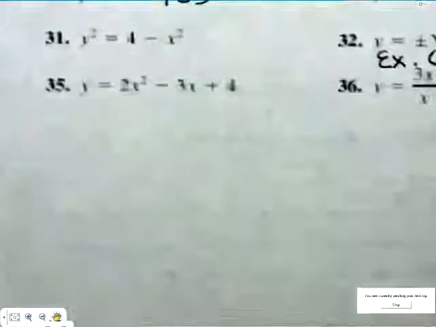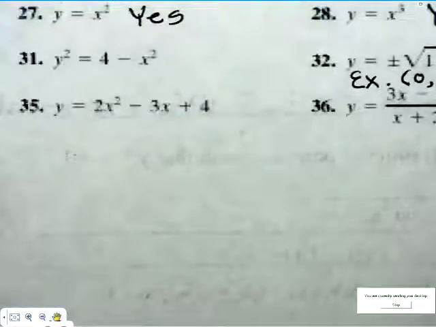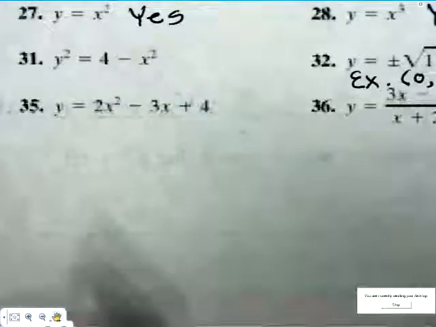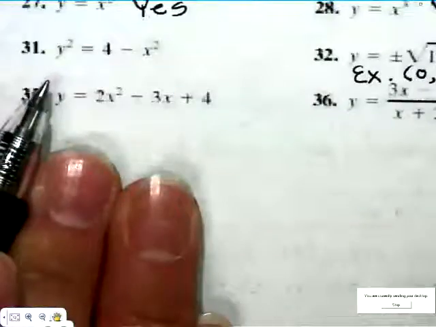What about 31? How can I tell whether or not that's a function? If I solve for y, if I got the y completely by itself, in order to do that, what would I have to do? And as soon as you said take the square root of both sides, what bells and whistles went off in your head?